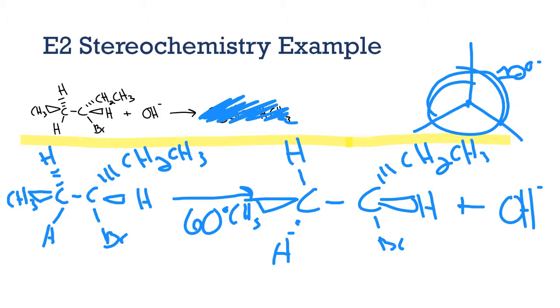Okay, so now my base is going to come in, which will take this hydrogen here. This will go in between the carbons to make that double bond, and then this bromine will come off.